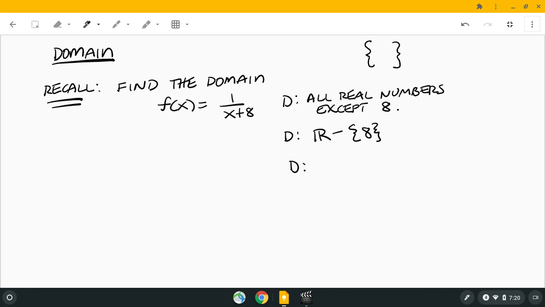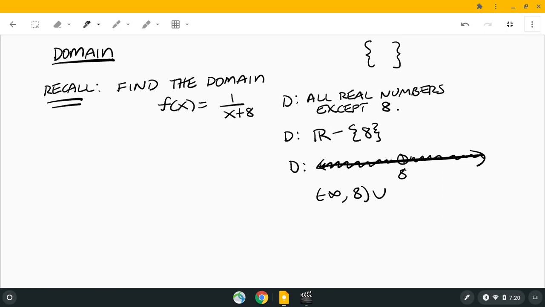And then there's also interval notation. So if you look at a number line, right, and here's -8, and you're saying, oh, it's everything except -8. Then when you write this in interval notation, you have to say, okay, way down here from -infinity all the way to here at -8, but not including -8. So we use parentheses, not bracket.